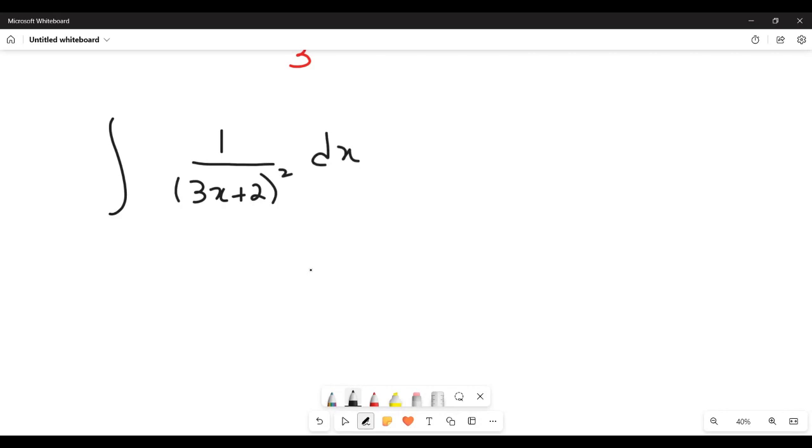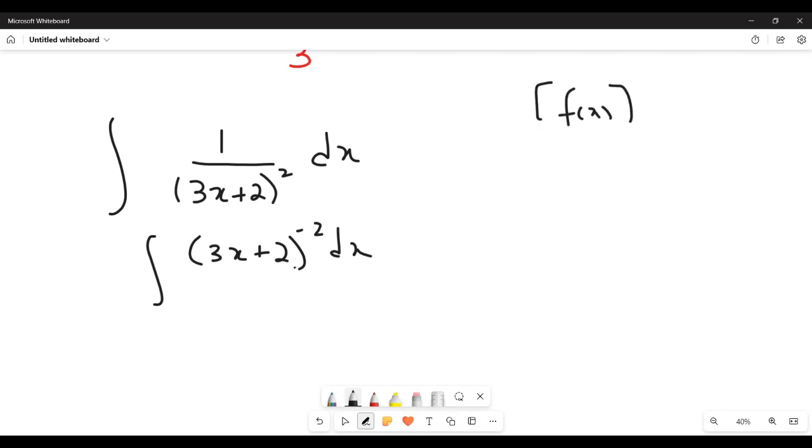Let's send it to the numerator. So we get integration of (3x plus 2) power minus 2 dx. Since it's linear, we're going to use f(x) power n plus 1 upon n plus 1 times derivative of f(x).